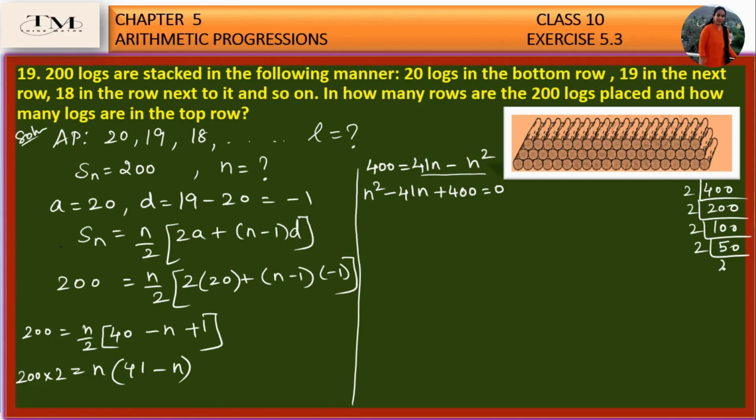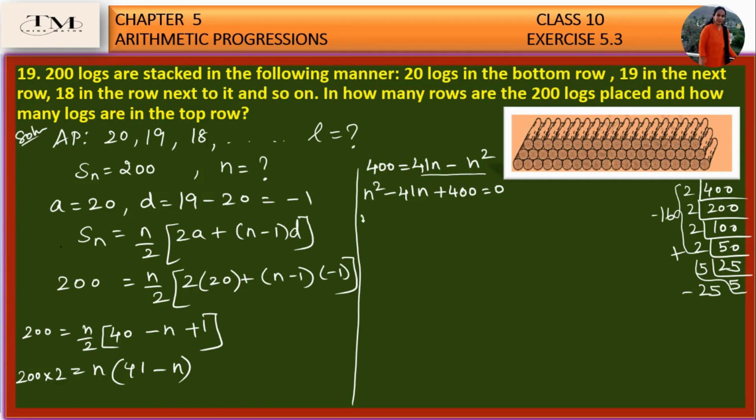Again taking 2, it is 25. Then 5 fives are 25. So this 5 into 5 makes 25, and this 2 into 2 into 2 into 2 makes 16. Now if you add 16 and 25, you will get plus 41, but we need minus 41. So it should be minus 16 and minus 25.